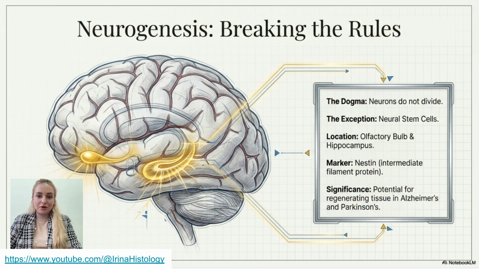Next thing I want you to remember about neurons is the fact that most of them, whenever they are fully differentiated, stay in the resting phase of the cell cycle, meaning G0. But importantly, they preserve the ability to move back into the cell cycle into G1, S, and so forth. This is especially important in the clinics of neurodegenerative diseases where we have the potential for regeneration of nervous tissue, but of course it is limited.